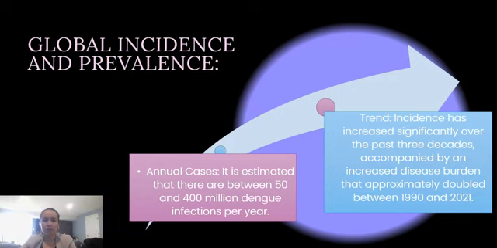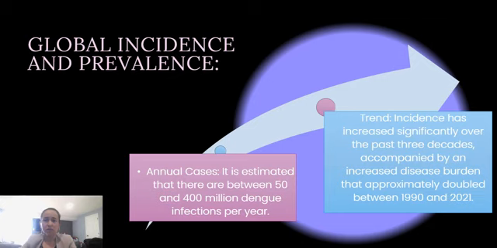Global incidence and prevalence. Annual cases: it is estimated that there are between 50 and 400 million dengue infections per year. Population at risk: approximately 4 billion people, nearly half of the world's population, live in endemic areas, primarily in tropical and subtropical regions in Asia, the Americas, Africa, and the Pacific.